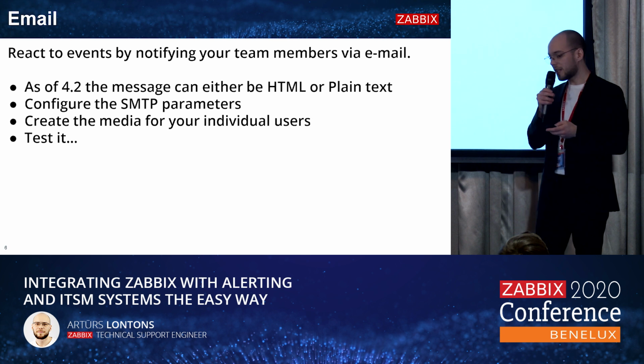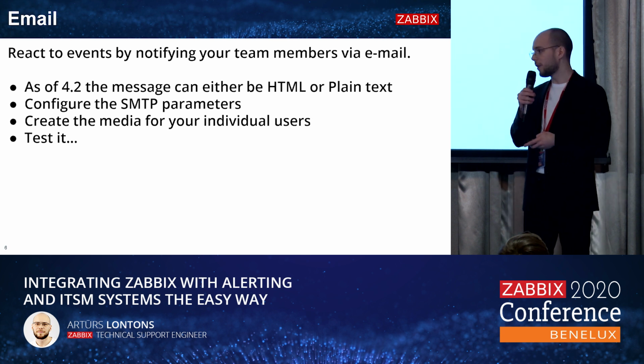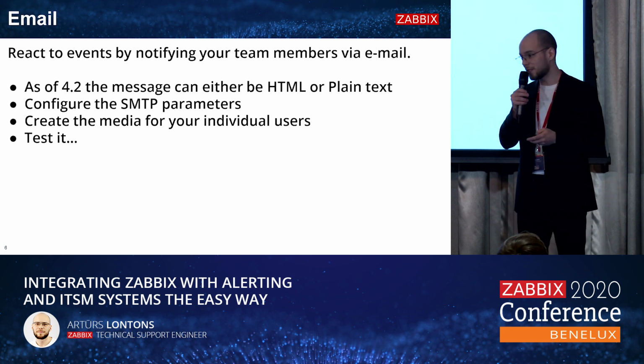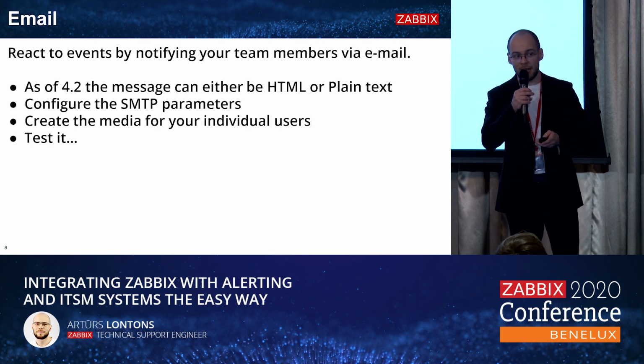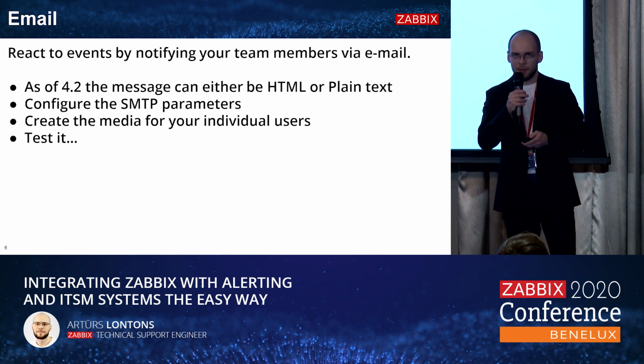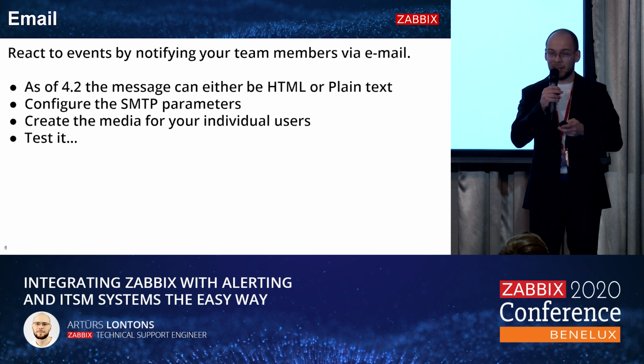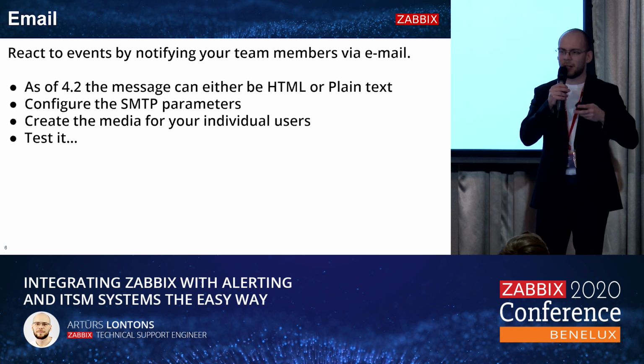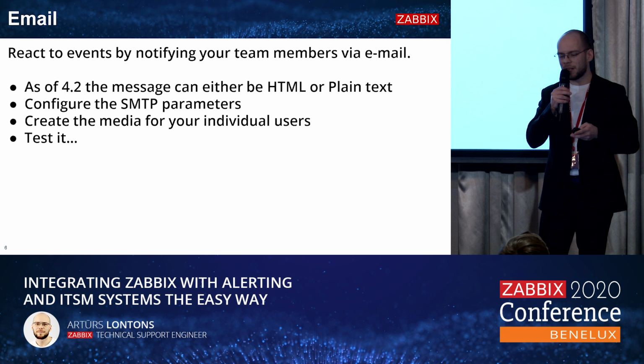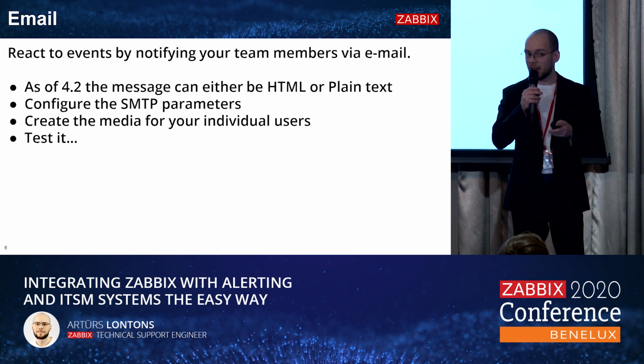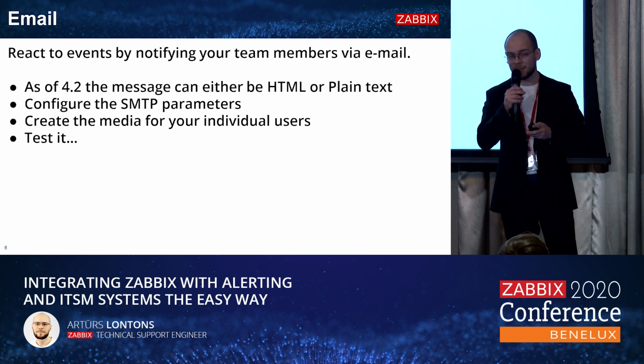And as for other media types, you have to create media for your individual users. And then you have to test it. How do we do testing in Zabbix? Do we maybe create a trapper item, and then send a trap to it via Zabbix sender for testing purposes? That was the legacy way, but that's not really elegant, and I think you can agree with me on that.